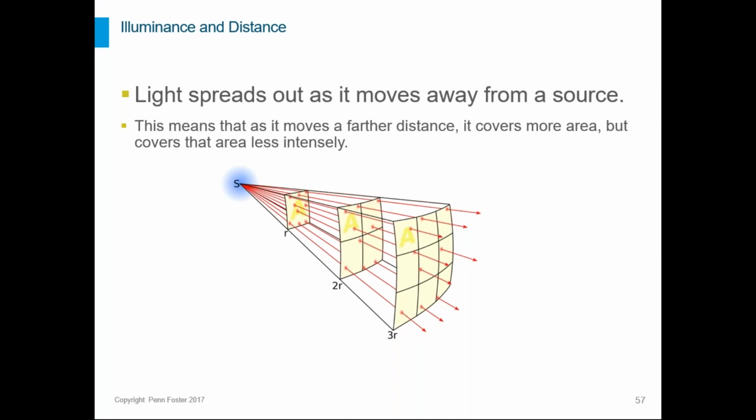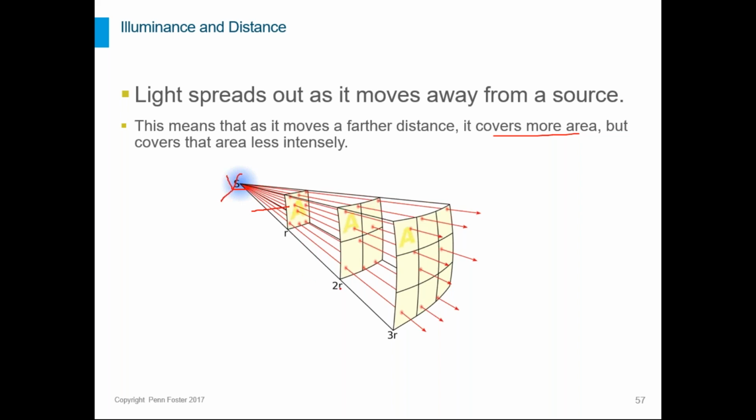Light spreads out as it moves away from a source. If our source is here, this X, and we're shining light, it starts out in one small spot and then it spreads out. As it does that, it covers more area, but it covers that area less intensely. If you had a sheet of paper here, it's going to light it up really brightly, but just a small piece.